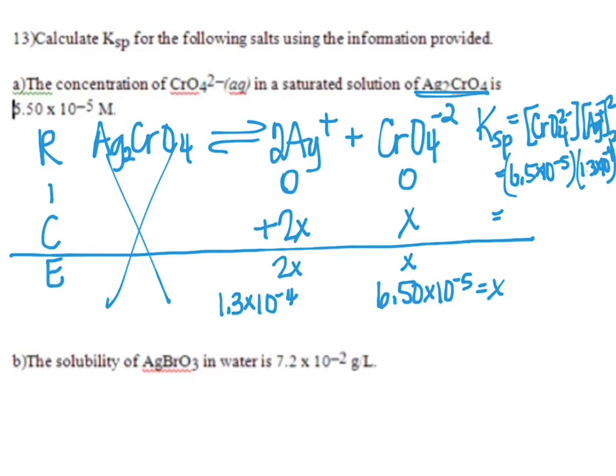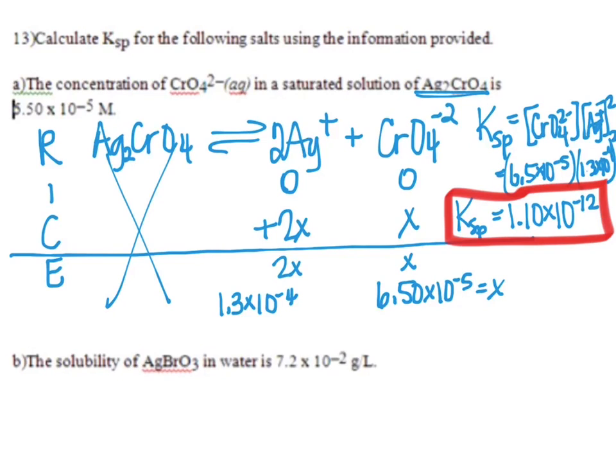And what do you get for that, to 3 sig figs? 1.10 times 10 to the minus 12. And our units, there are none. And that is it.